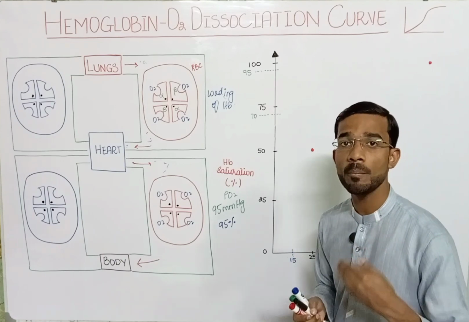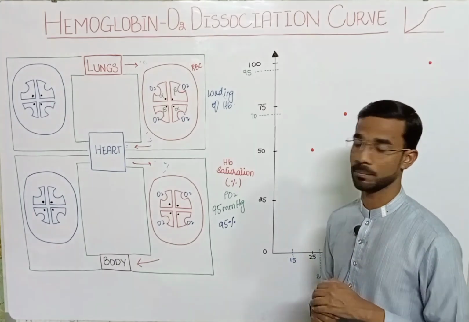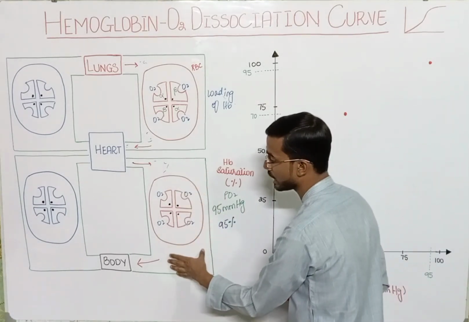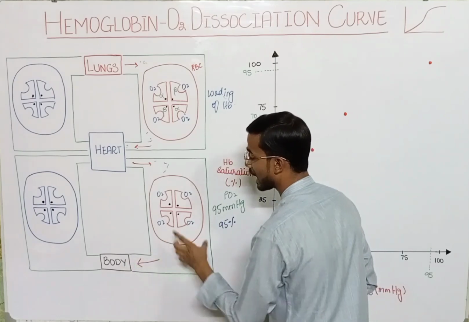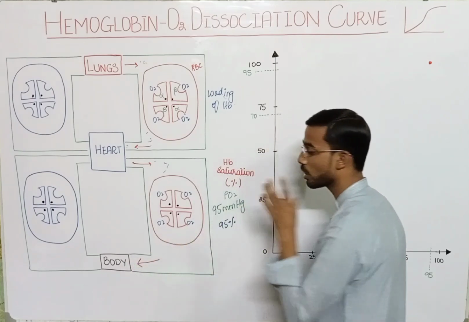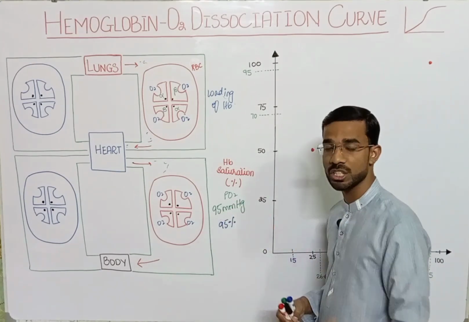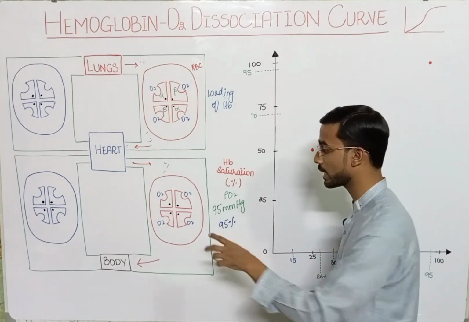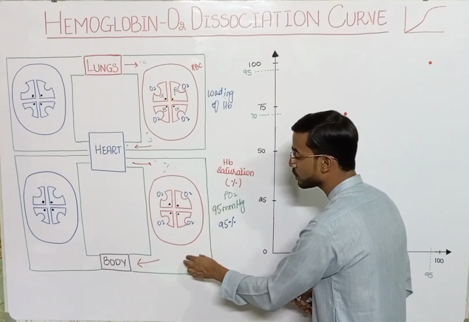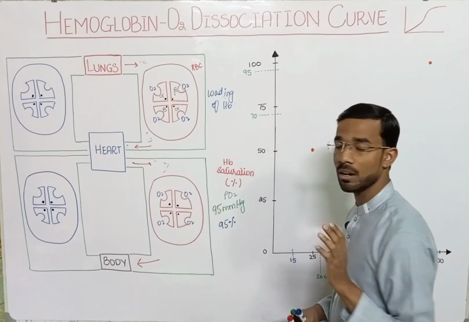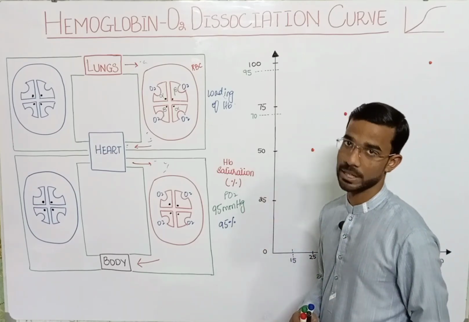Saturated means how much oxygen is loaded in the hemoglobin. The arterial system supplies blood from the heart towards the body, and the oxygen pressure in the arterial system is 95 millimeters of mercury, with 95% hemoglobin saturated.